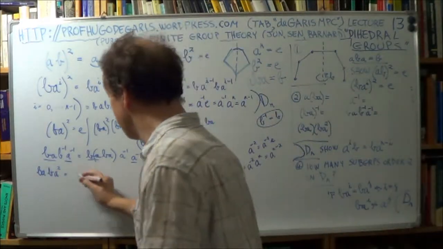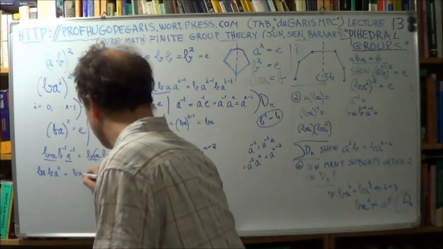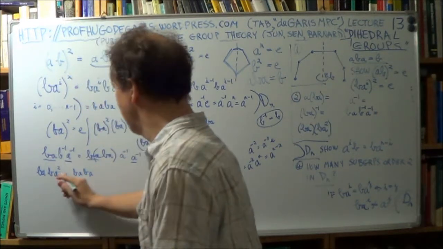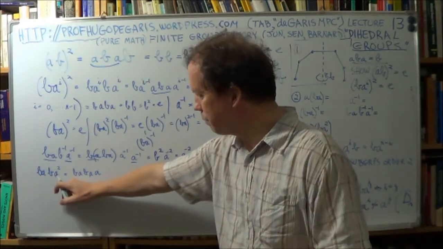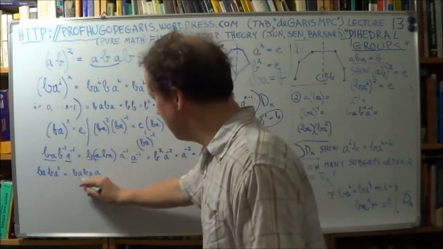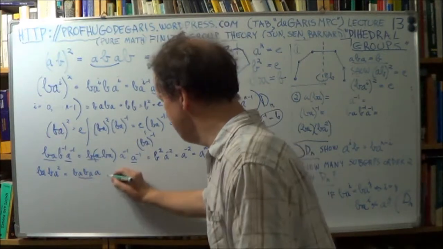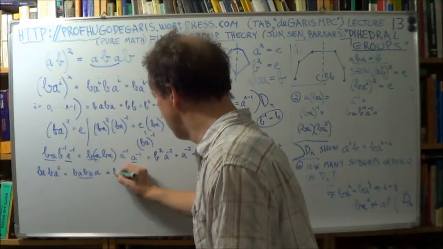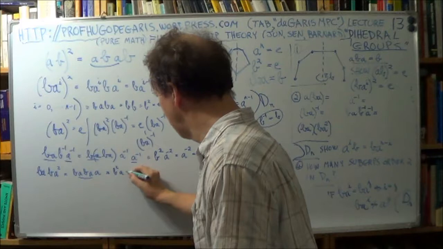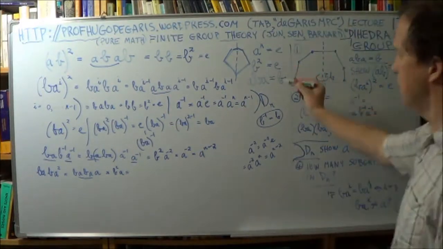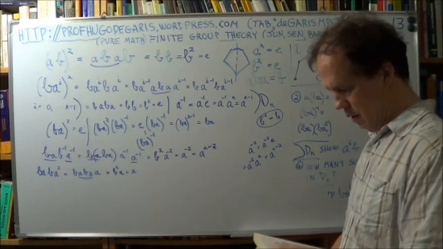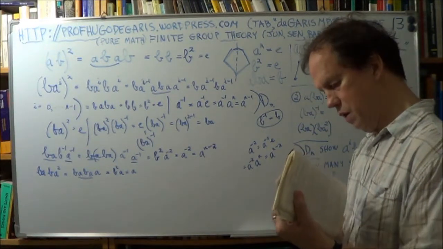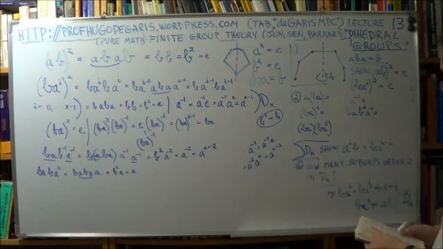So we can rewrite this a little bit. So that becomes ABA, A. Follow that? So I've just split this up into two A's. Now ABA is just B, so you'll get B squared A. But B squared is E, so you're just left with A. Okay, so that's done.